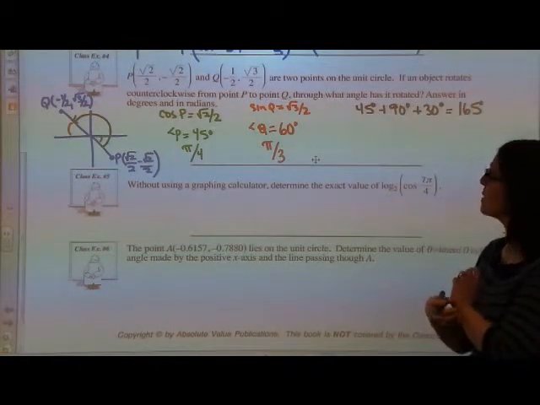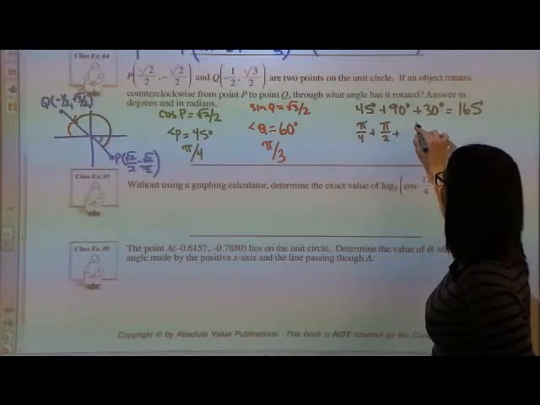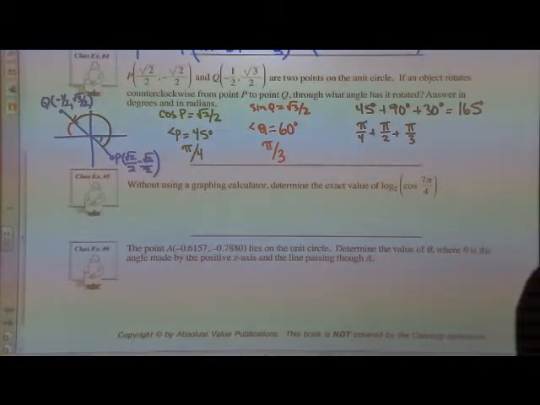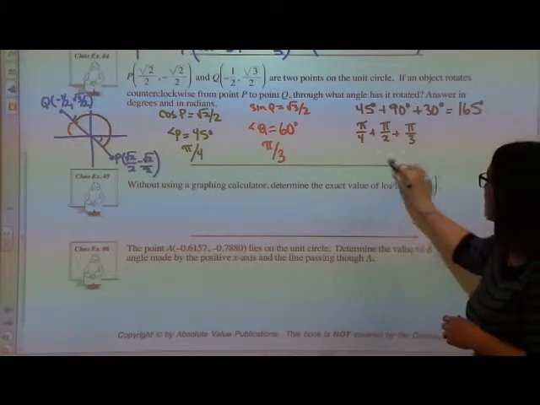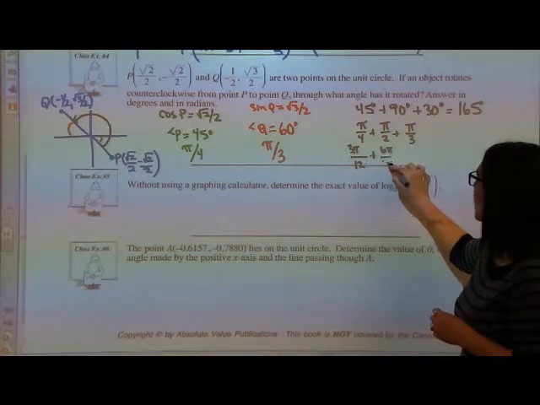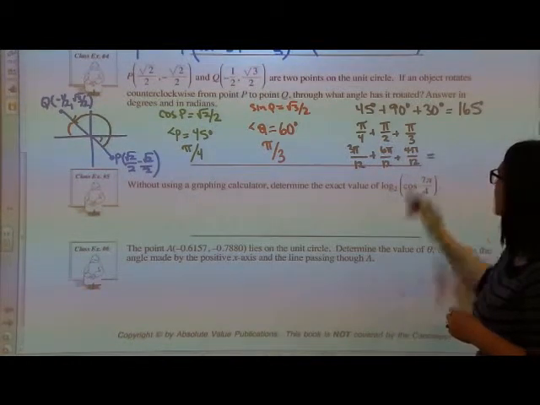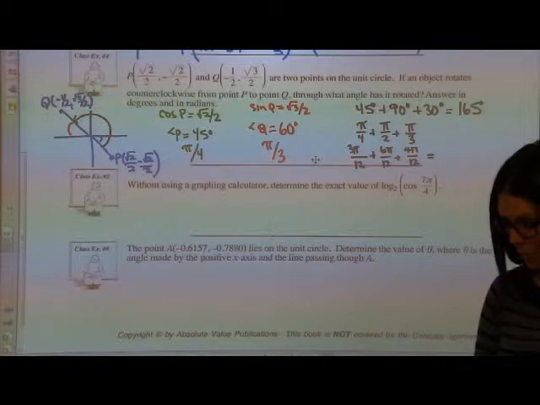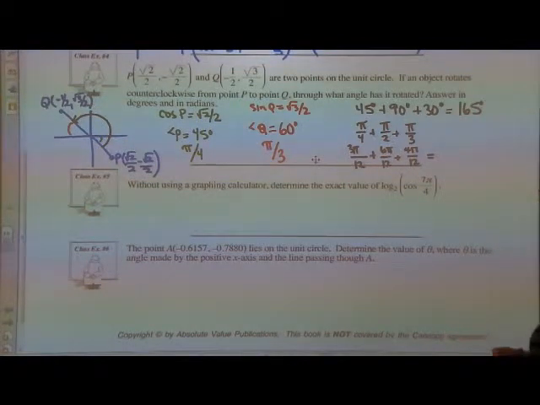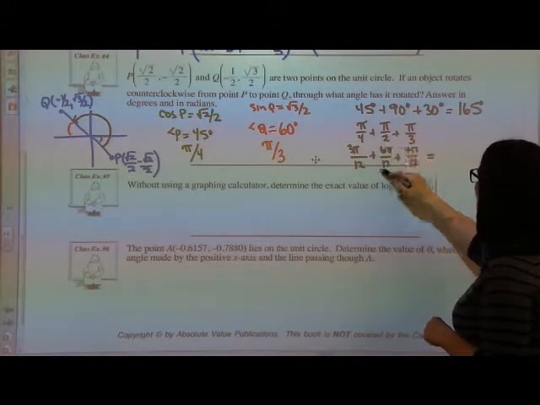In radian measurement, I've got pi over 4 plus pi over 2 plus pi over 3. What's my common denominator? 12. If I change these all to 12ths, I have 3 pi over 12, 6 pi over 12, and 4 pi over 12. Wait a minute, that's not right.